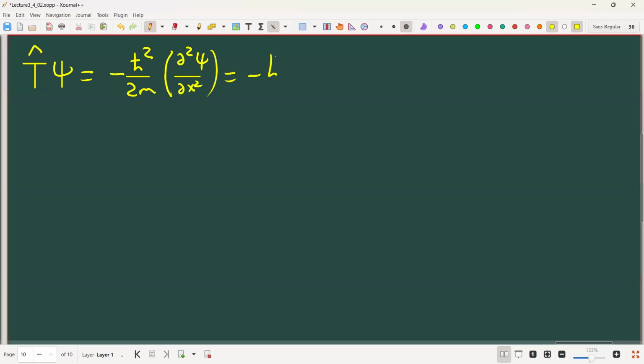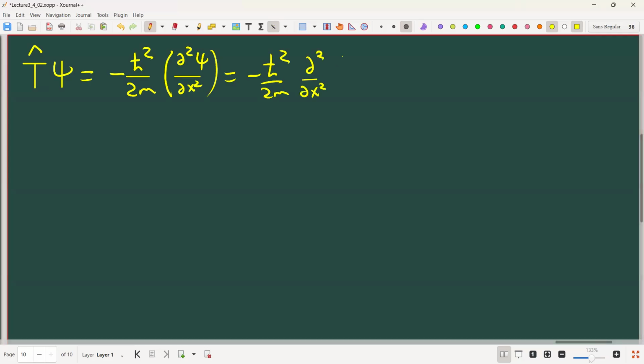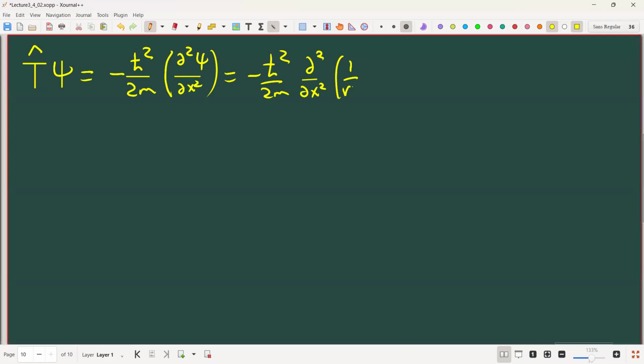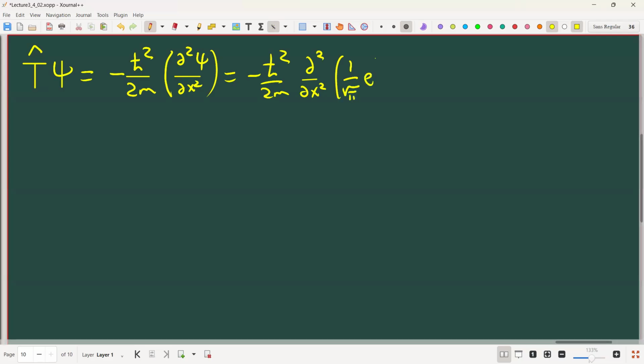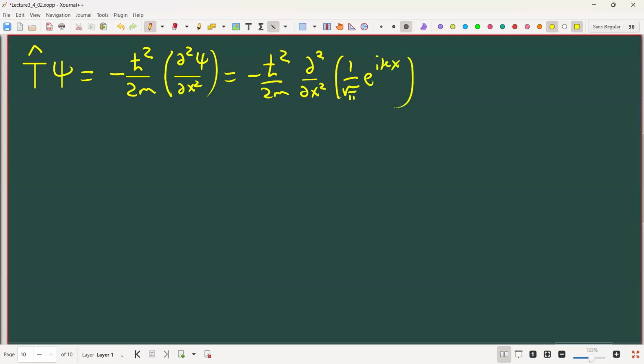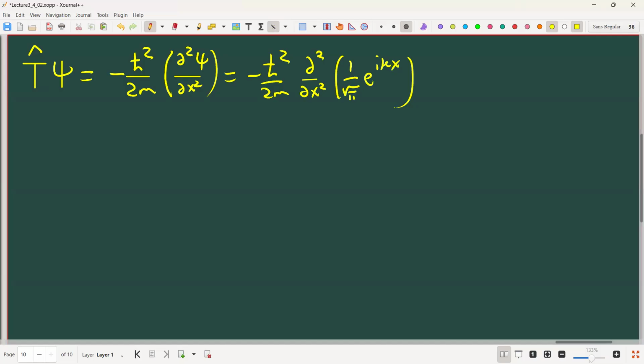So that's minus h bar squared over 2m times the second derivative of 1 over the square root of pi e to the ikx. Now we're just going to calculate the kinetic energy of this particle with component k. It's very simple math, we just have to calculate some derivatives.